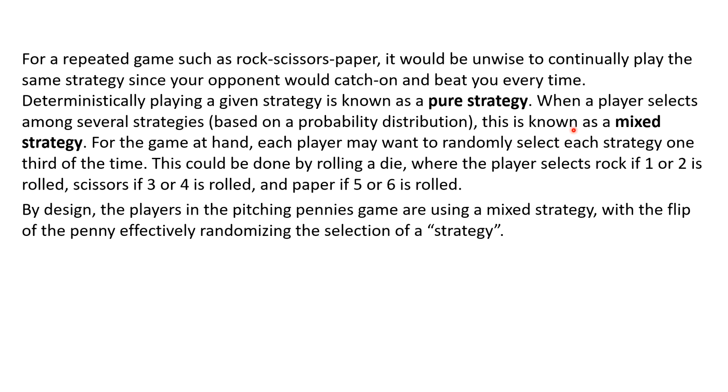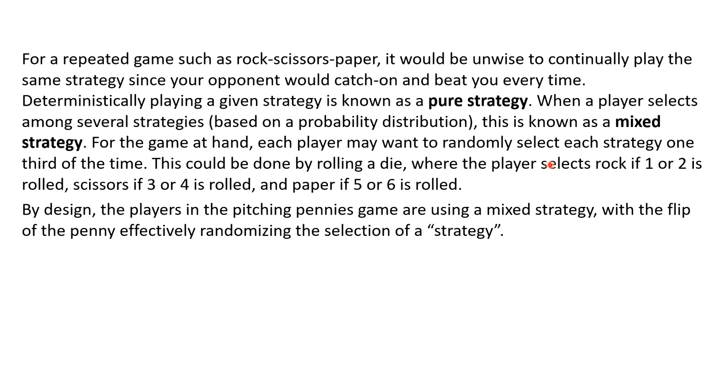And then we have what's called a mixed strategy, and that's what you would do in rock, scissors, paper. You would vary your selection between rock, scissors, and paper roughly 1/3 of the time, and you could somehow randomize it. I have one suggestion here where you might roll a die. If it's 1 or 2, you would try rock.